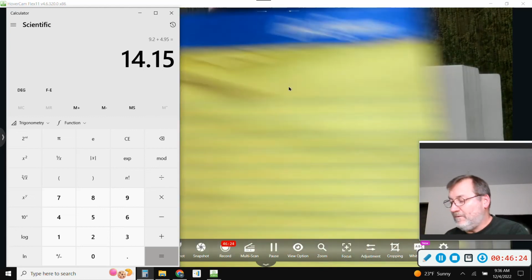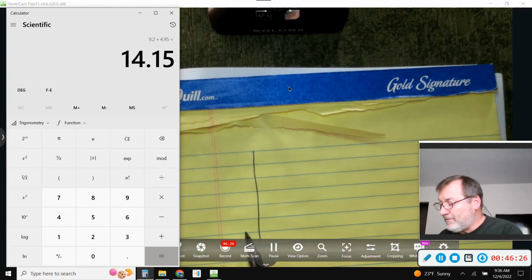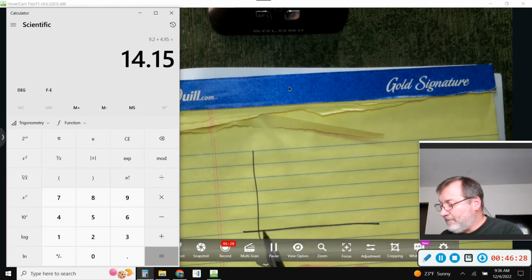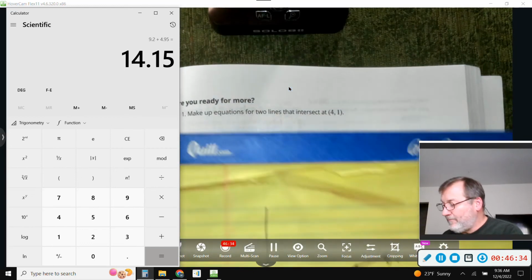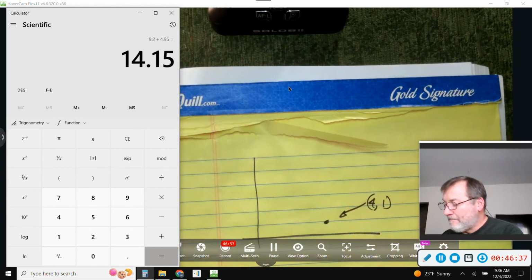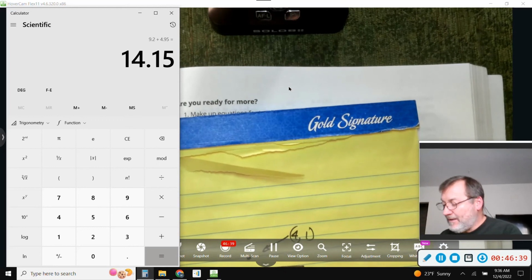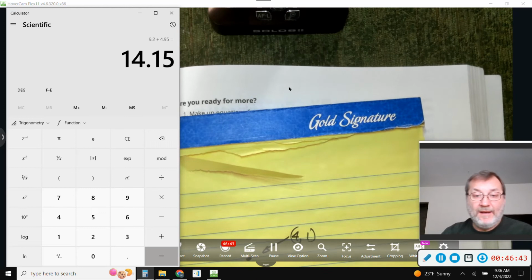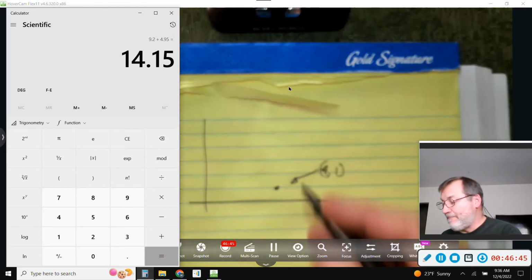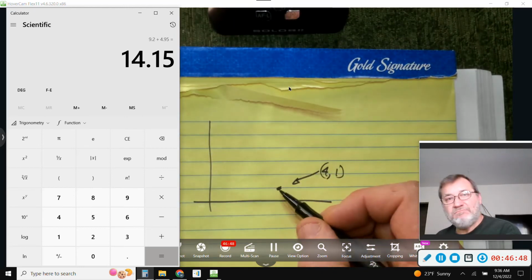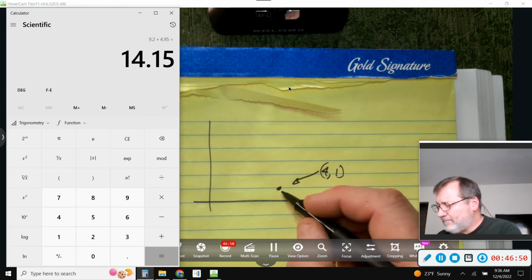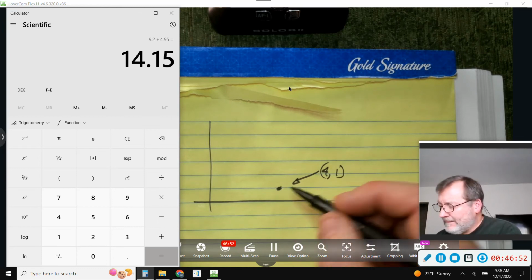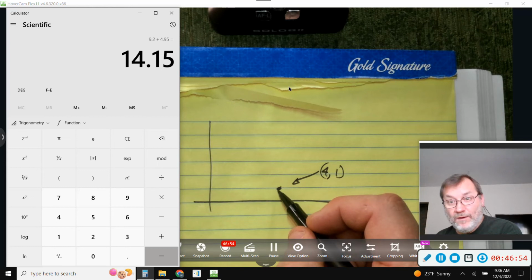All right, let's see what we've got here. Draw up our little lines. I have to do 4, 1, so I'm going to say right there, 4, 1. Let's make up one that has a slope of 1, and maybe another with a slope of 2, or negative as well. Let's make one that has a slope of 1.